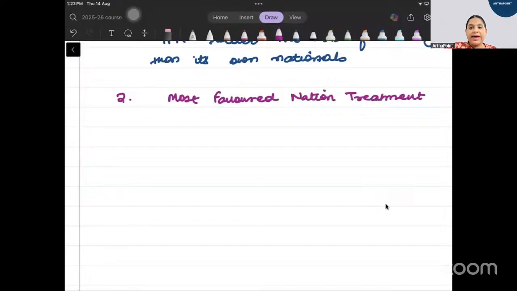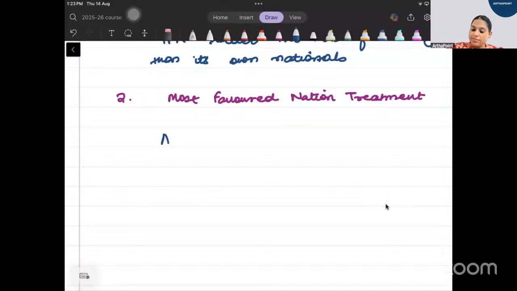If you are giving any privilege or immunity to one WTO member, then you have to extend that to all WTO members. For example, if India has made a bilateral deal with the European Union and is giving them patent protection, it cannot give it only to them; it will have to give it to all the other WTO members as well.